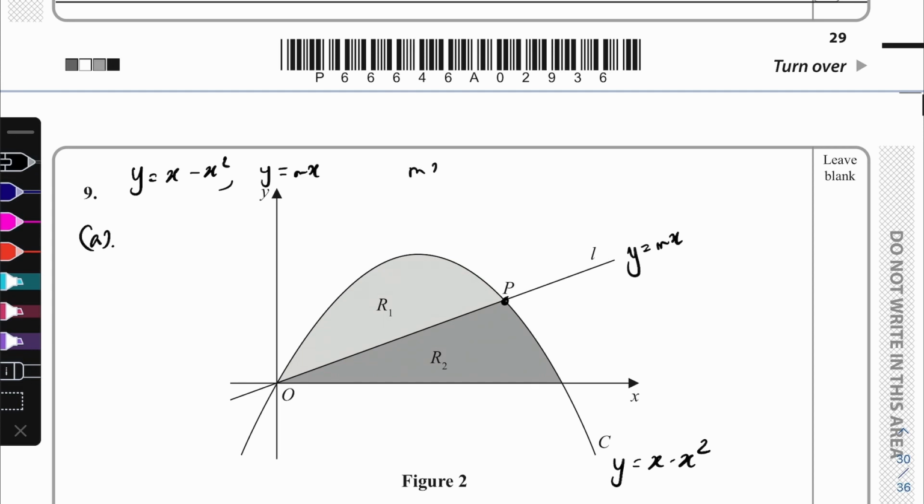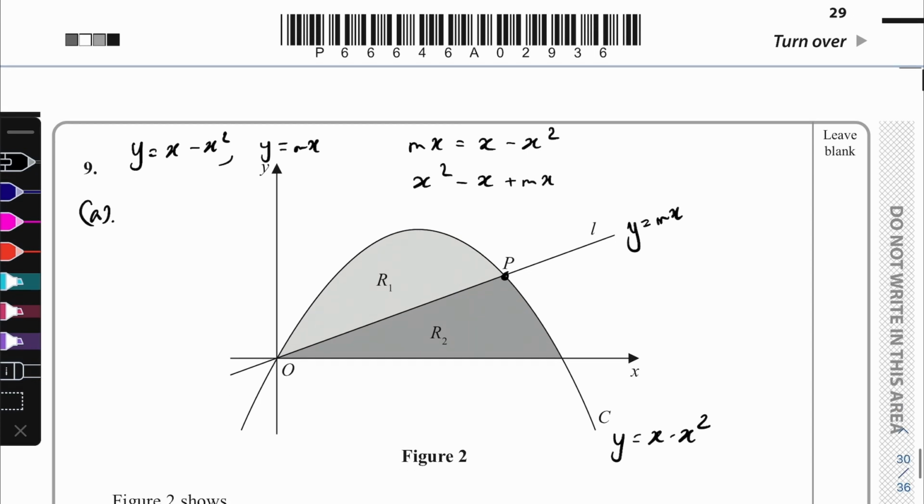So mx equals x minus x squared. Let's bring all the x squared to the other side. It becomes x squared minus x plus mx. So now we can take x common, equals 0.